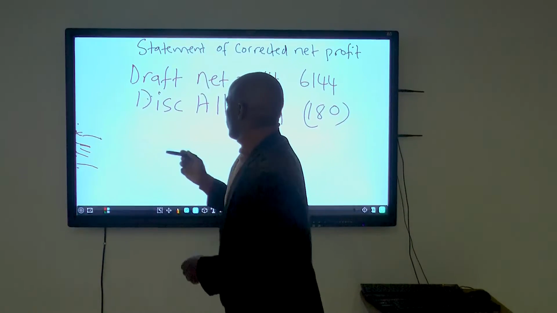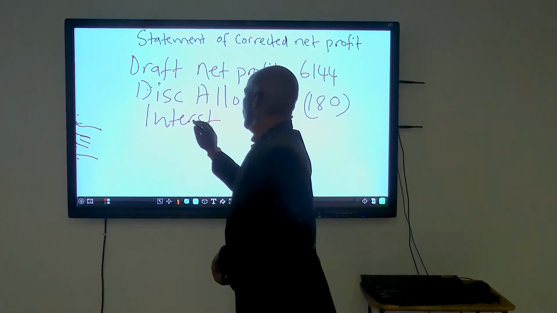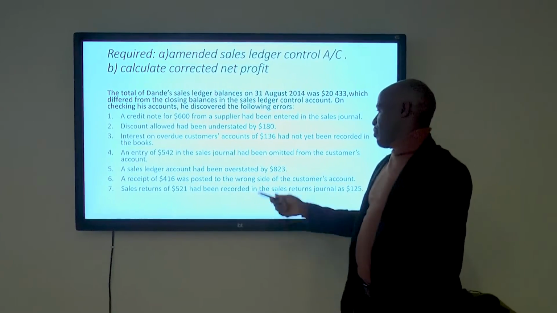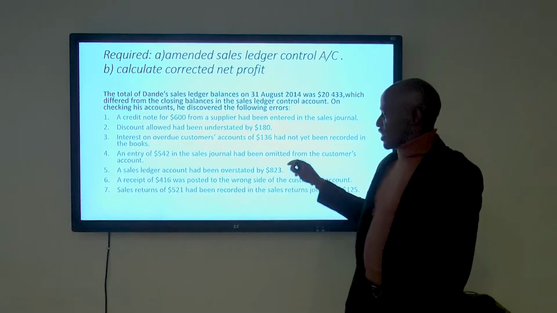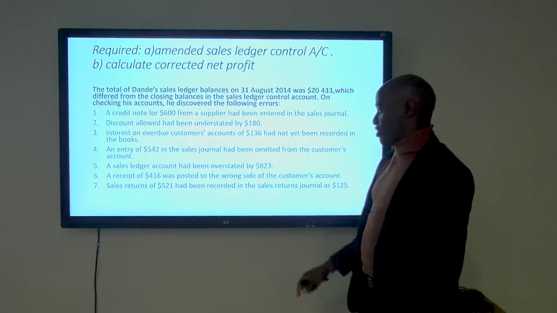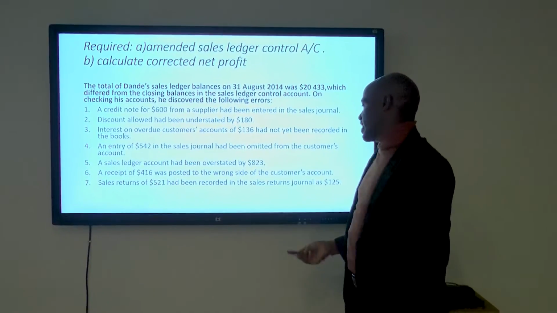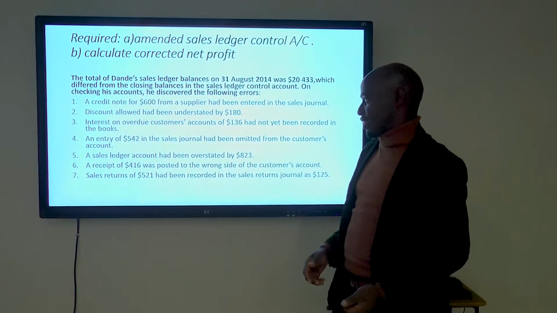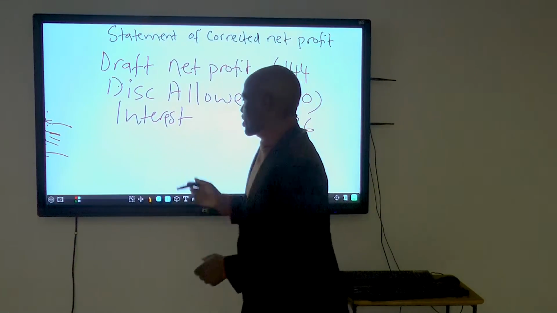Right, so quickly wrap up. Now, errors number 4, number 5, and number 6 do not affect our net profit. Why? Because these are errors in the personal accounts. They do not affect our net profit. But error number 7, which is sales returns of 521, had been recorded in the sales returns journal as 125. So that's the sales returns understated there, which overstates our profits. We need to reduce such.